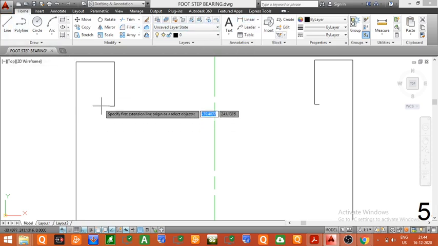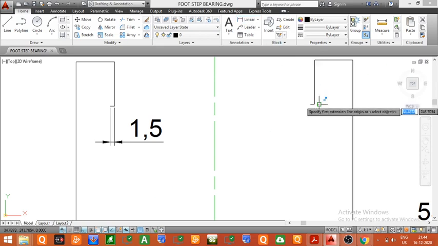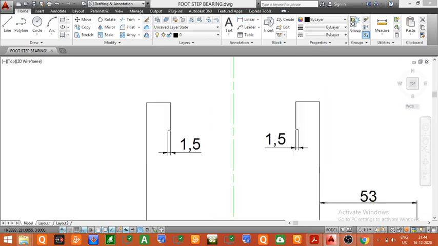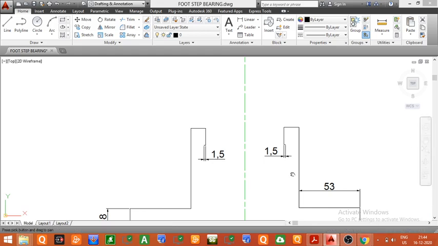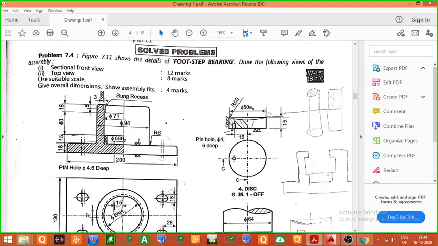Now we will give the dimension, so you can see it. These lines are of length 1.5 mm. Clear, students? These smaller lines drawn in inward directions are of length 1.5 mm. Now I am deleting this dimension. Now from here you have to draw a vertical line. In this question, from this point they have drawn a vertical line.